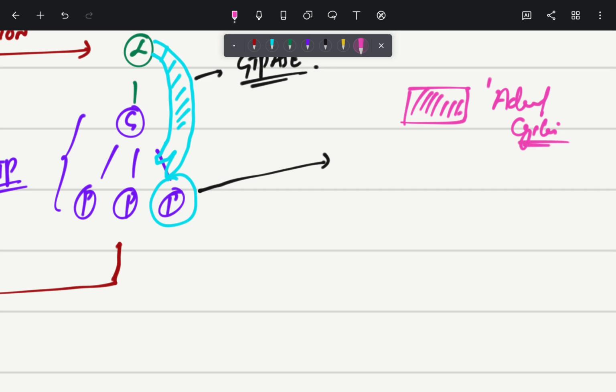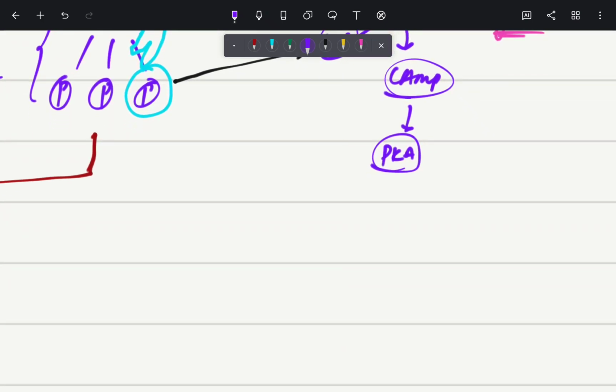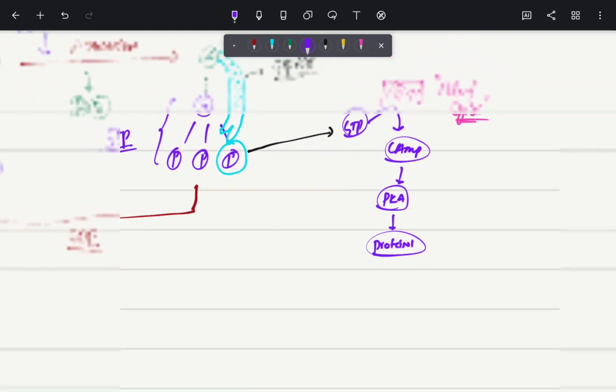Okay, so the phosphate is going to get deposited in the adenylyl cyclase, and by utilizing the phosphate, the GTP is getting converted into cyclic AMP, and eventually the cyclic AMP will activate the protein kinase A, which is an enzyme, and this protein kinase A will do phosphorylation of the proteins. Okay, so that was about the introduction of the G protein coupled receptors.